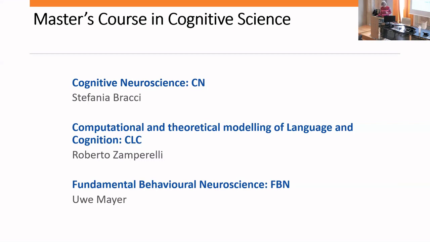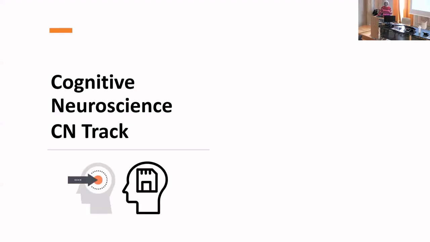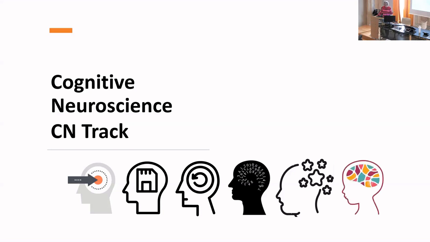So for cognitive neuroscience, this is really the course where you learn to study and investigate cognitive functions, from perception, memory, attention, and navigation, language, numerical cognition, creativity, consciousness, and also how the brain develops throughout the first years of life.